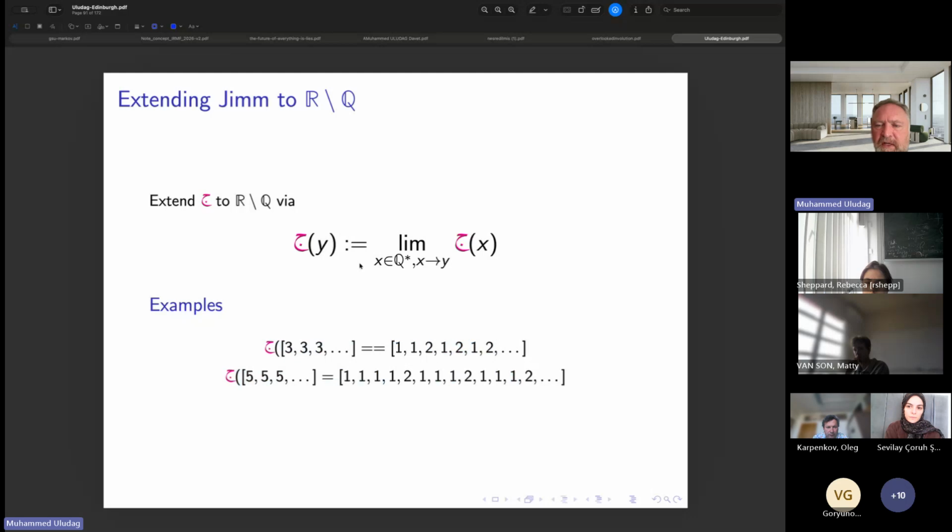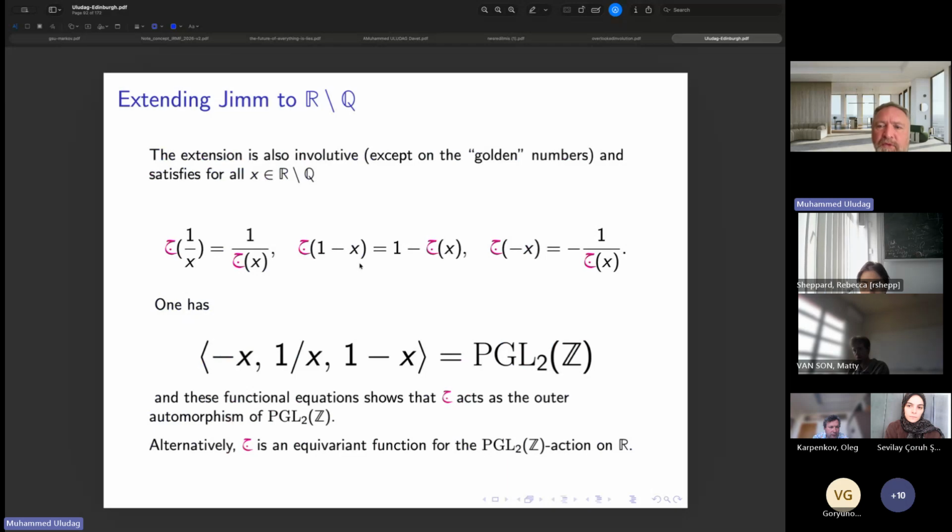So we can extend this function to the set of all real numbers by taking limits. And if you do so, and if you concentrate on the rational values only, then these functional equations are satisfied everywhere, for every irrational value of x.